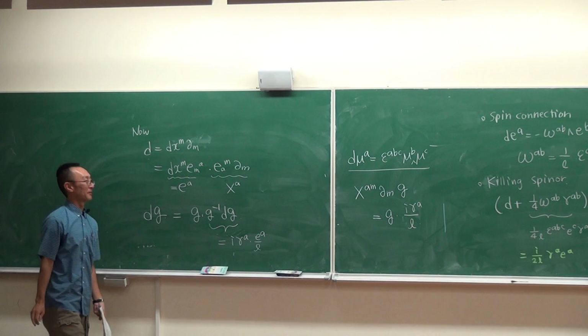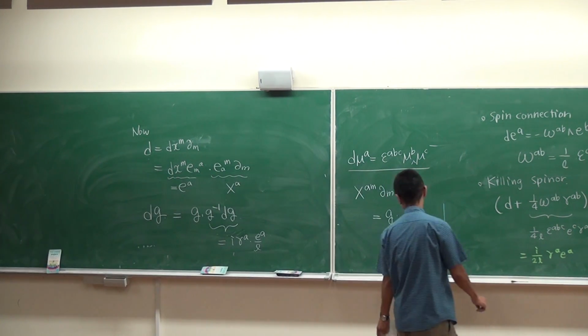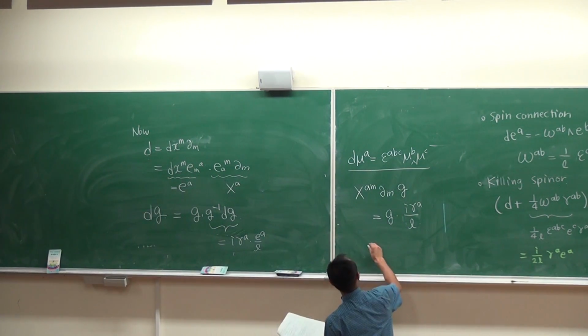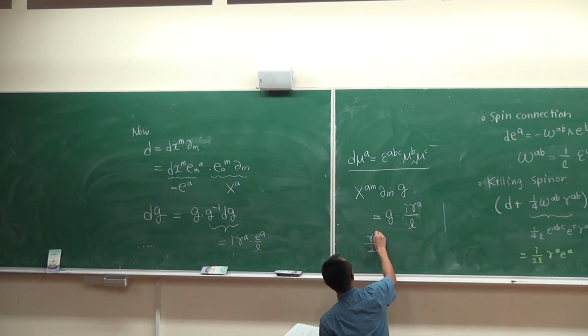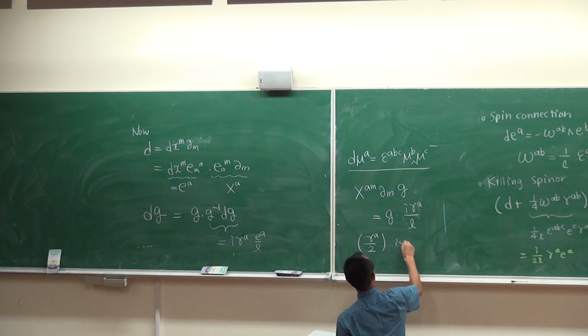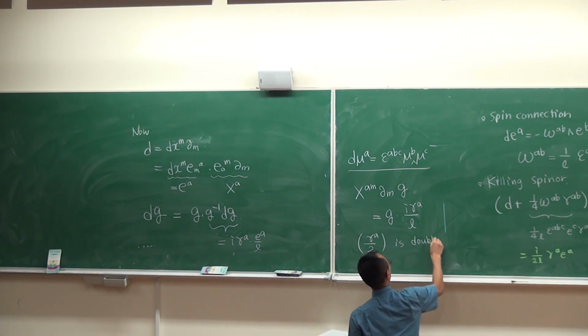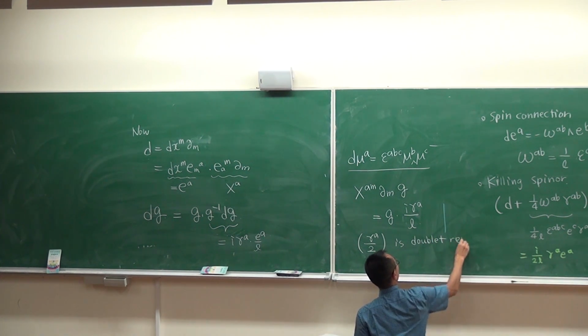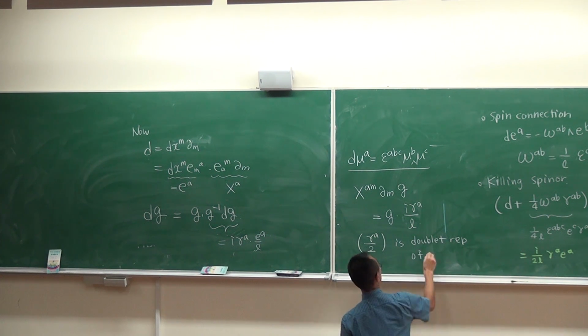Okay. And I recall that gamma matrices divided by 2 is a doublet representation of this.